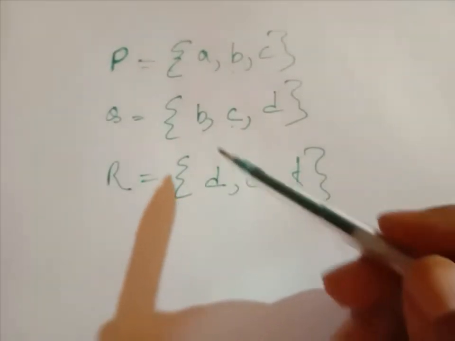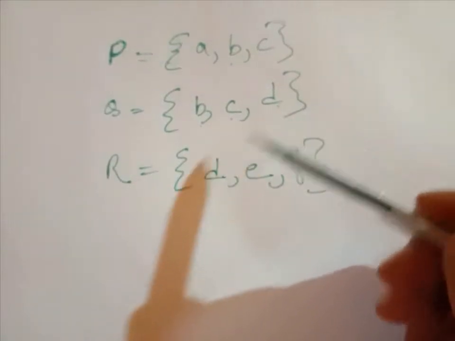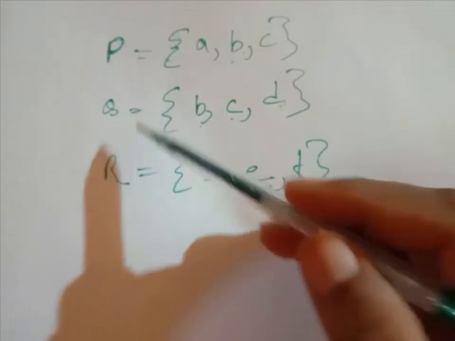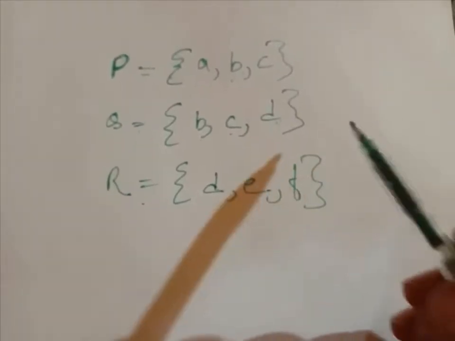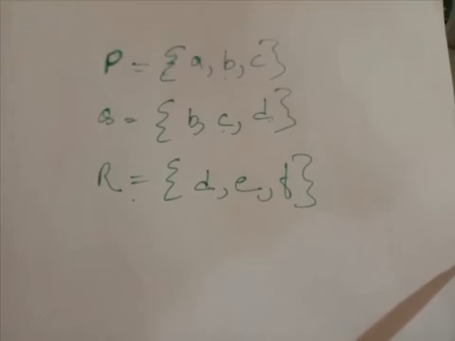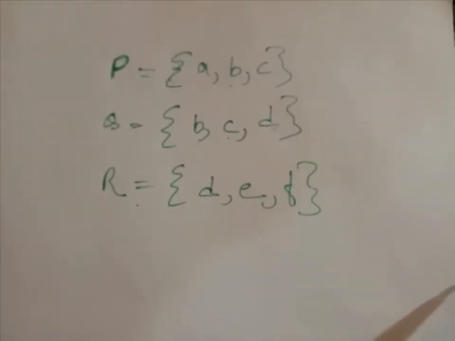In the same way, look at set Q and R. Here element D is common. So set Q and set R are overlapping sets. So what we have learned is that if 2 sets have even one element in common, then we can say that those 2 sets are overlapping sets.